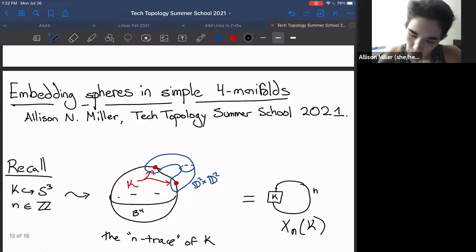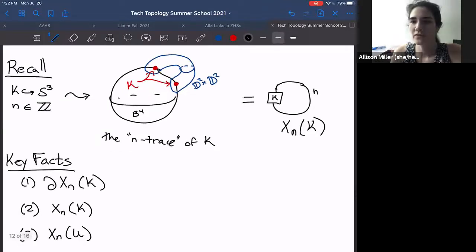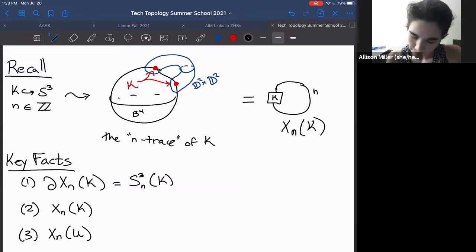Okay. So some key facts that I just want to reiterate or tell you if you've never seen them before, which is, first of all, what's the boundary of the n trace on K? It's the Dehn surgery on K with the same coefficient. The next thing is that you can see that the n trace is homotopy equivalent to S2, no matter what n is.